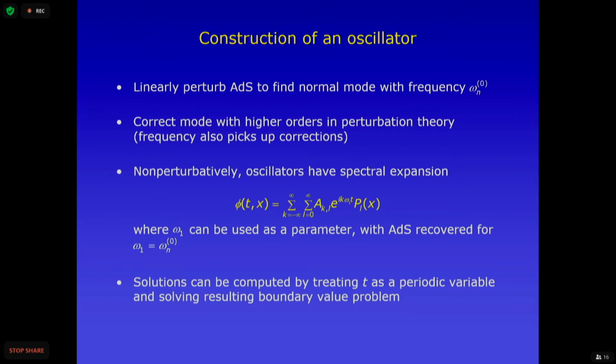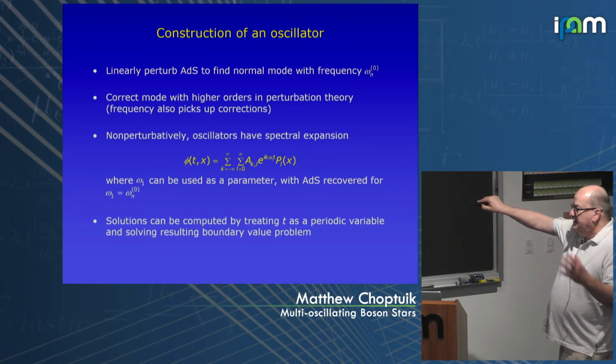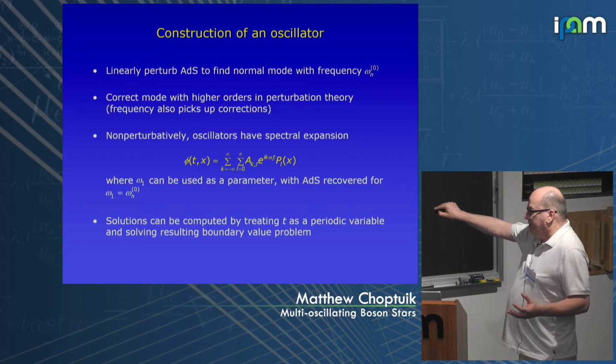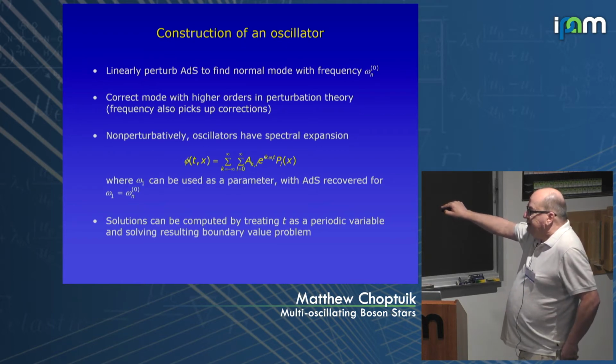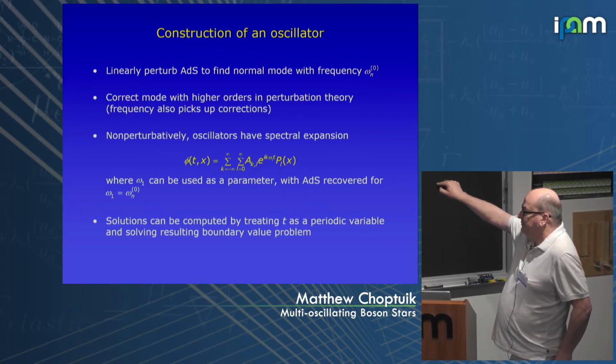So non-perturbatively, the oscillators have a spectral expansion that phi(t, x) is this double sum over k and l of coefficients a_kl e^{ik omega_1 t} p_l(x), where omega_1 can be used as a parameter. As I said before, you can either use the central value of the scalar field as a parameter, or this primary frequency omega_1. So AdS is recovered in this case when omega_1 is equal to this frequency omega_0.